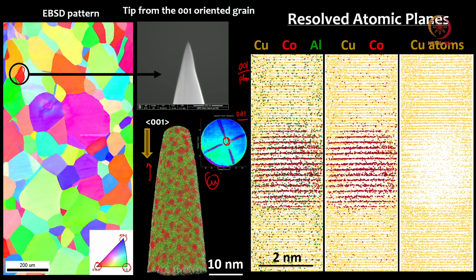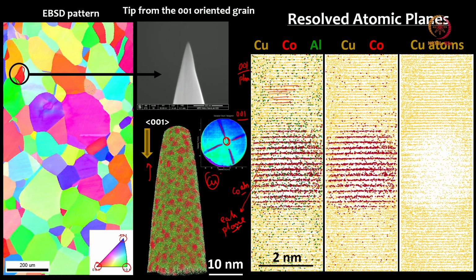We can see these golden color atoms which have a constant d spacing, which corresponds to the interplanar spacing of the 001, and these red color atoms correspond to cobalt atoms. And with this resolution along the Z, actually you can get the composition of each plane.